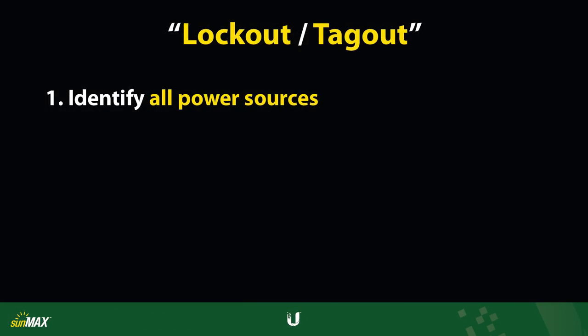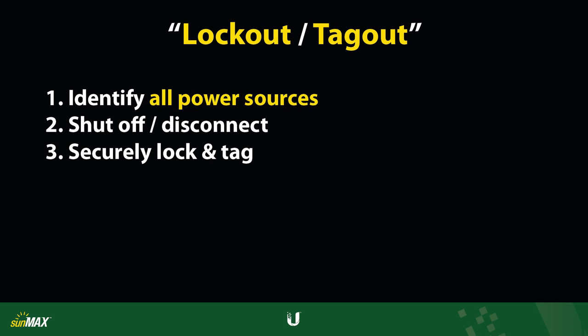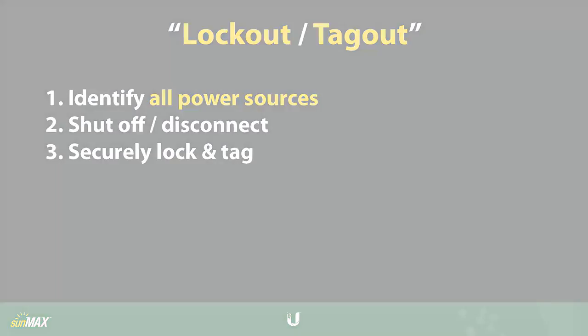After identifying all potential sources of power at the job site, qualified personnel must safely shut off and/or disconnect all power sources. This includes scheduling with the utility company to shut off power to the customer premise. The final step of lockout-tagout requires that power sources are securely locked and tagged to prevent anyone from accidentally powering a system.